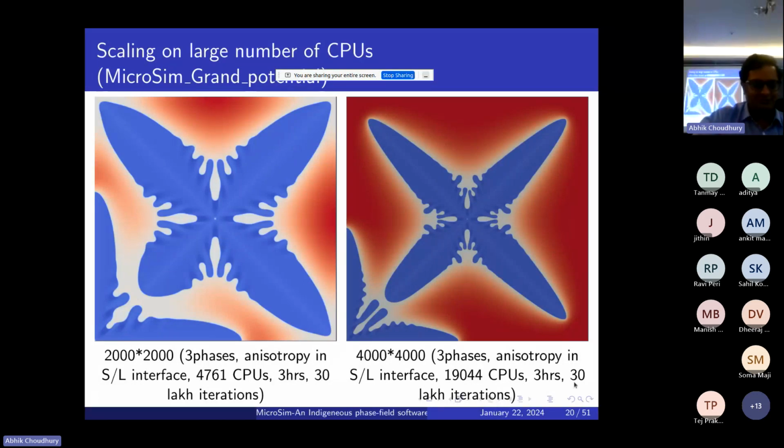You take 3 hours for the same number of iterations. So this shows you that our solvers, the CPU solvers and the GPU solvers as well, scale very nicely. And that is very important, particularly to utilize the HPC machines as part of the NSM mission effectively and efficiently. These are powerful machines, so it is important to utilize the hardware capabilities in a fruitful manner, and our solvers allow you to do that.